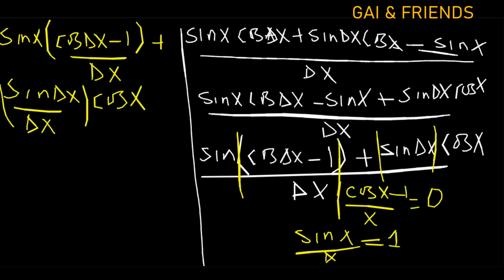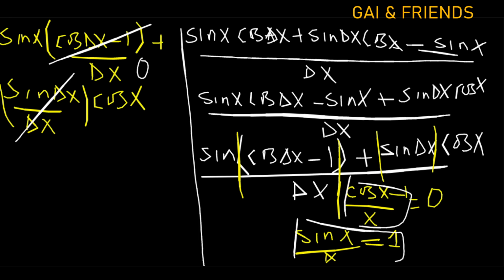So we can conveniently see here that this one becomes 0 because of this identity, and then this becomes 1 because of this identity.